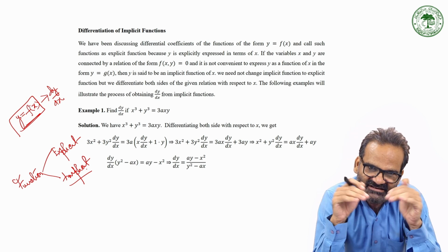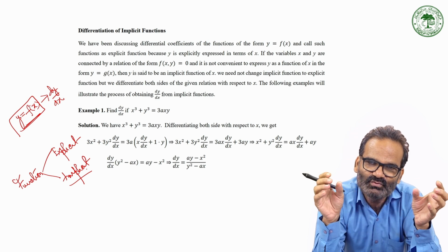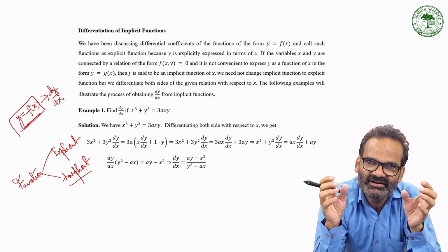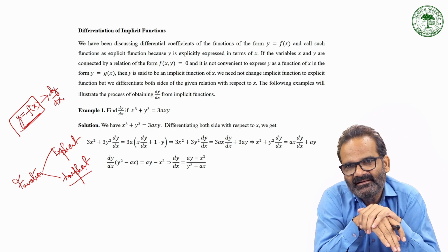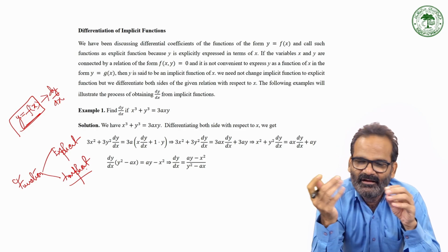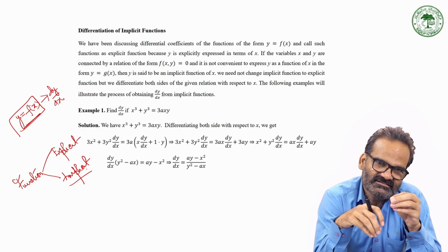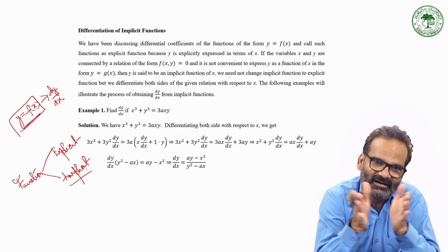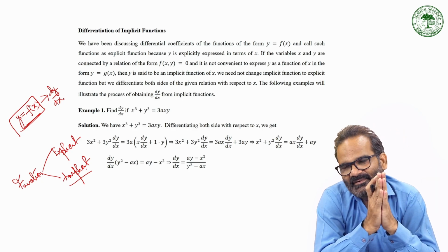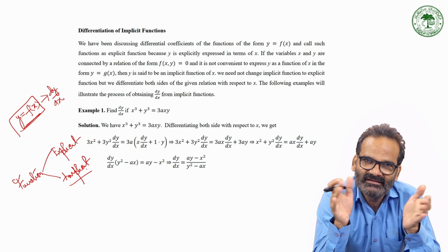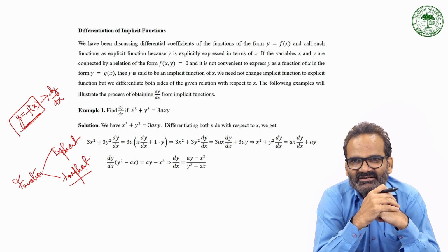If you mix two commodities in such a way that they cannot be separated again, such a mixture is known as an implicit mixture. For example, if you mix water into milk, once water and milk are mixed together, you cannot separate them again. So the mixture of water and milk is an implicit mixture.